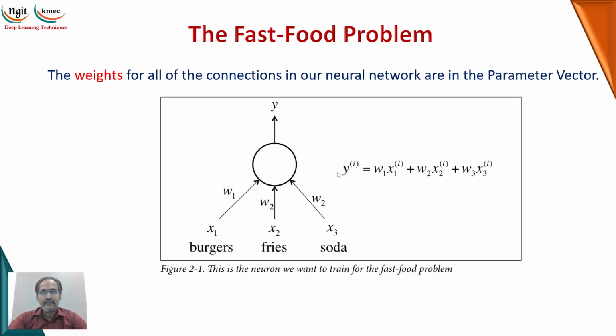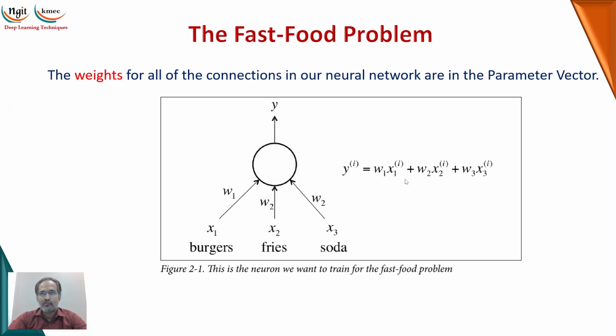The final output will be the input x1 multiplied by the weight related to it, the multiplication of the given input and the supporting weight, plus the other input multiplied by its corresponding weight, and so on.